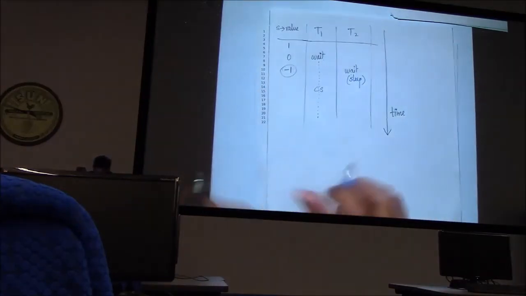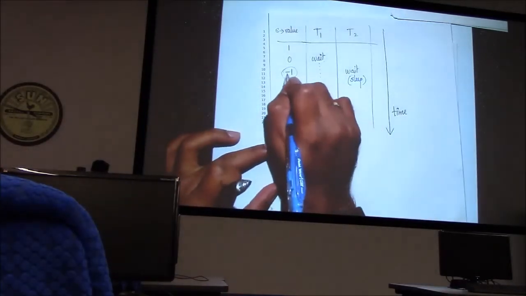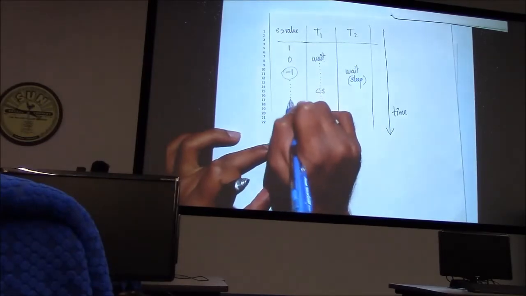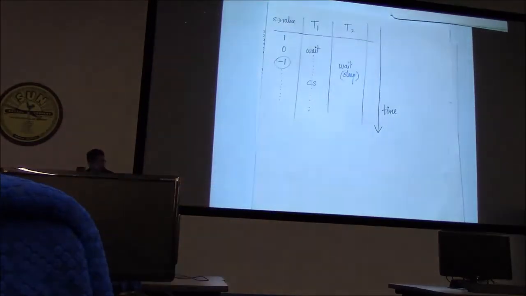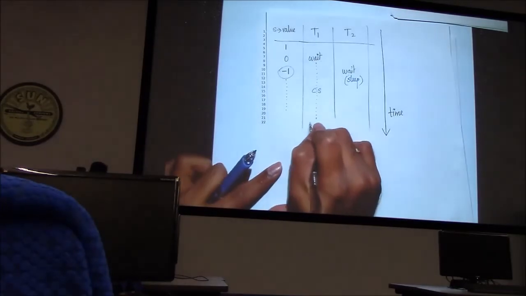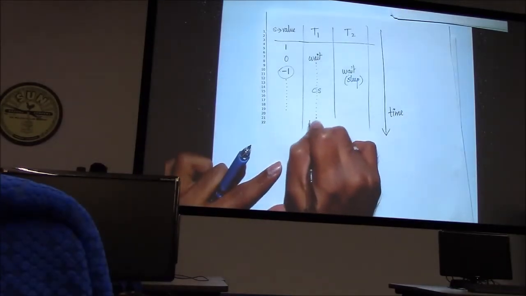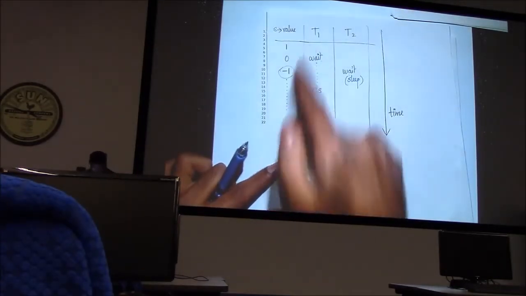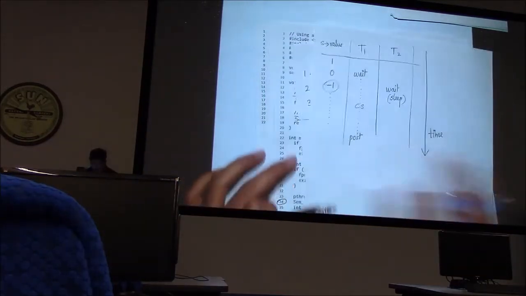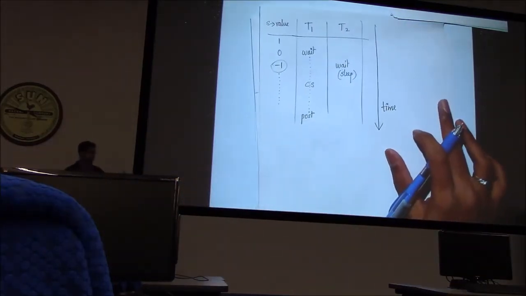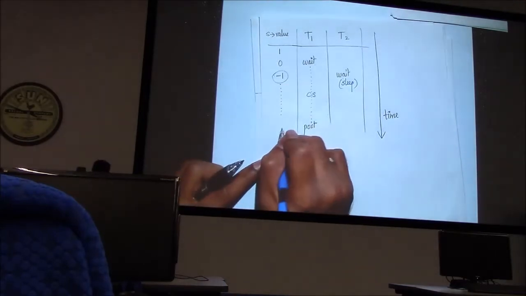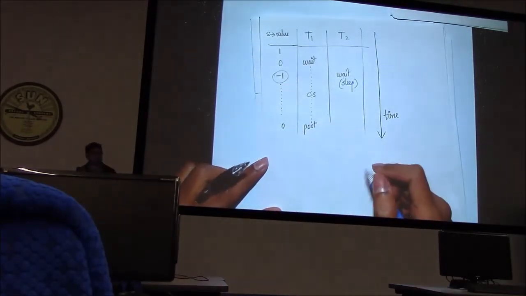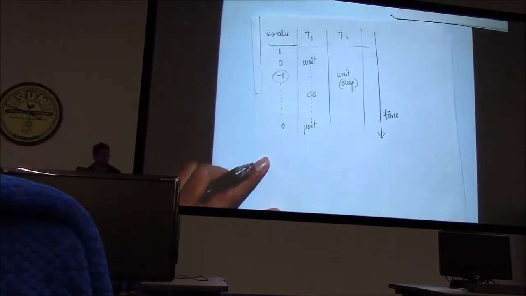And now, this value is going to remain as -1 for a long time. And then when we call post here on the same semaphore on thread 1, all we are going to do is increment that value by 1. In this case, the value is going to become 0, and then we are going to wake up one of the threads that are waiting on that semaphore.